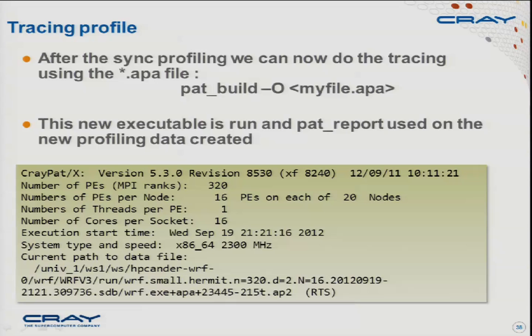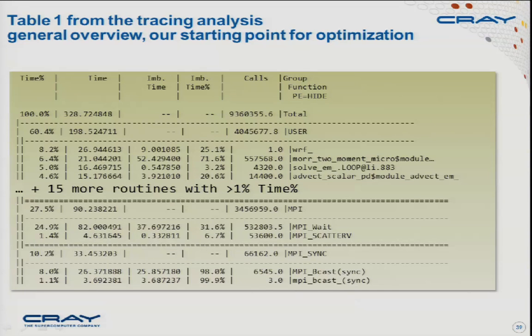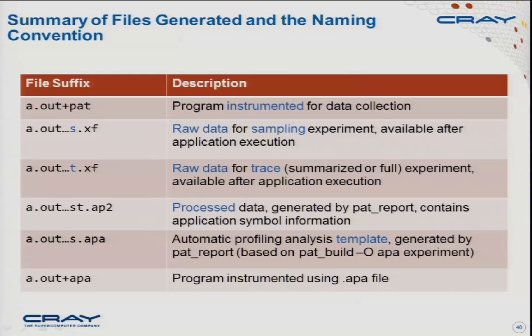And now it is the new output from tracing. So this is, for example, the new output that you can get. The change in table 1 now uses the executable from APA, using the instrumentation with tracing.